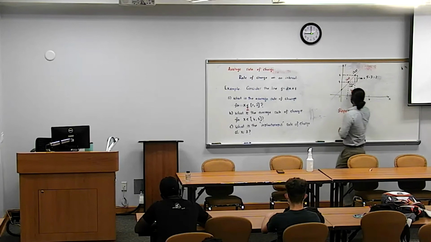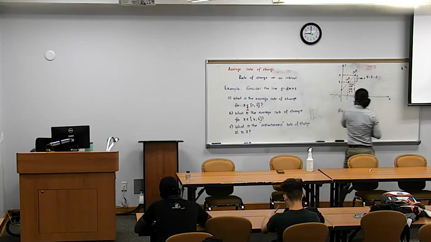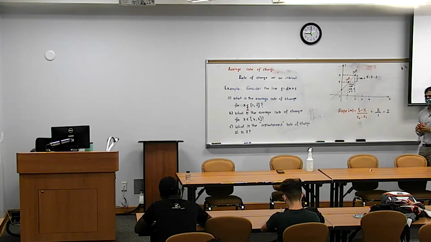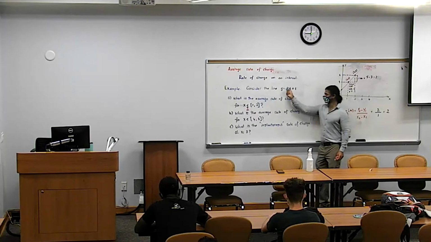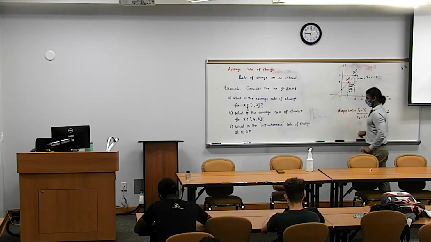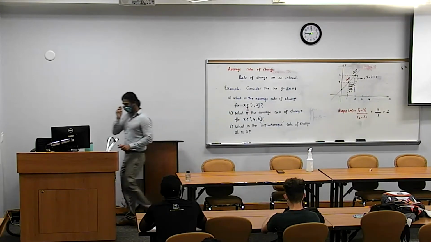So that's 1. So the answer is 2 over 1, which is 2. Correct? That 2 matches that 2. Do you agree? Okay. I want you to find the average rate of change on the interval 4 to 6.